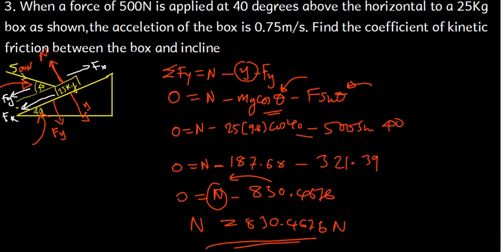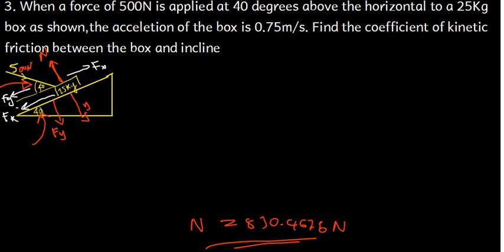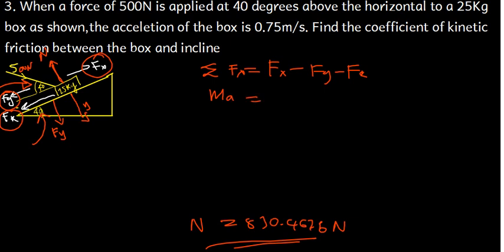Now let's go to the y, because we want to determine the value for the coefficient of kinetic friction. I mean, let's go to the x motion. So the net force in the x, what force is making this thing accelerate? It is only Fx. And then the others, notice that they are going in the opposite direction, Fg and Fk. So we've got Fg and also Fk. So the net force in x is given by mass times acceleration because it is moving, and that will be equal to Fx.